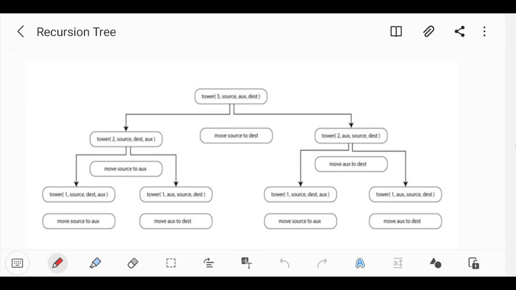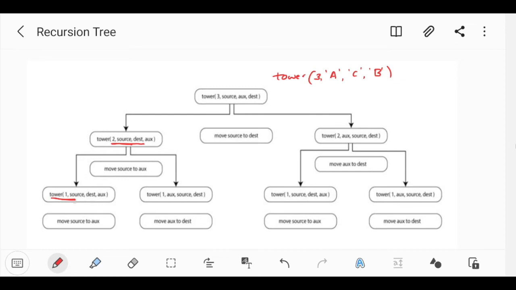So as I said, this would be basically tower of 3 comma the source, which is A, auxiliary, which is C, and destination, which is the peg B, right? So what would happen is towers of 3 will now make a call to towers of 2, n minus 1, and that will again make a call to towers of 1 comma the other arguments, right?